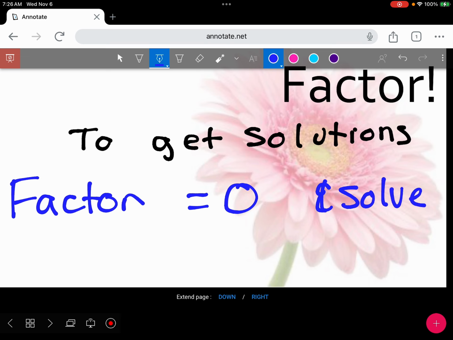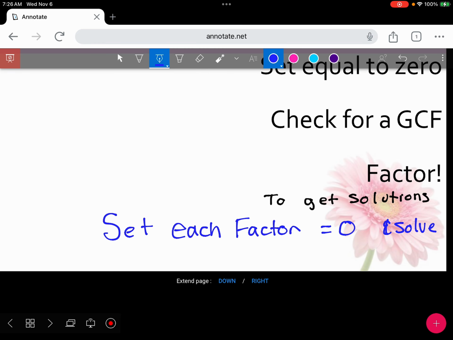So to get our roots, our solutions, our zeros, our x-intercepts, we're going to factor it, and then each of those factors is going to give us a solution. So each of those factors, like the x minus 11, each one of those will give us a solution.